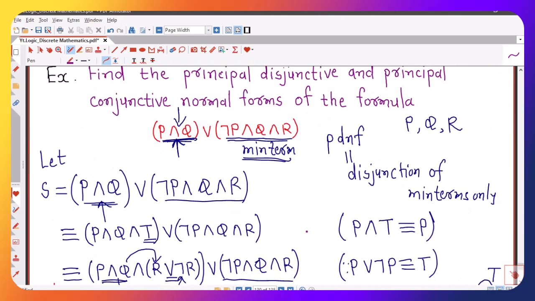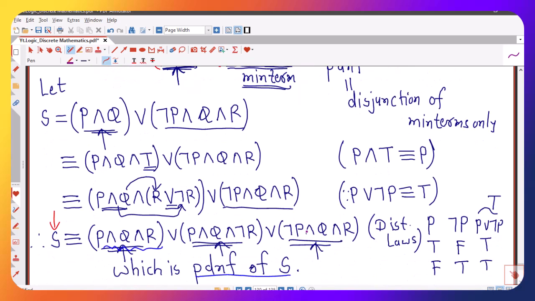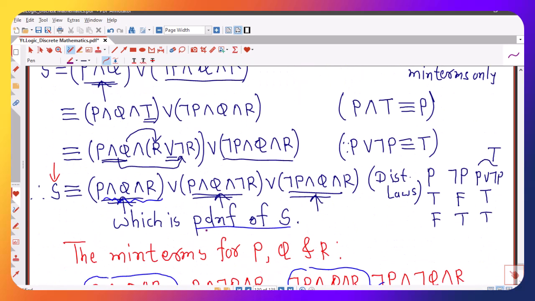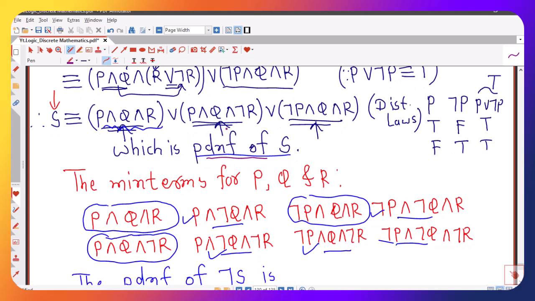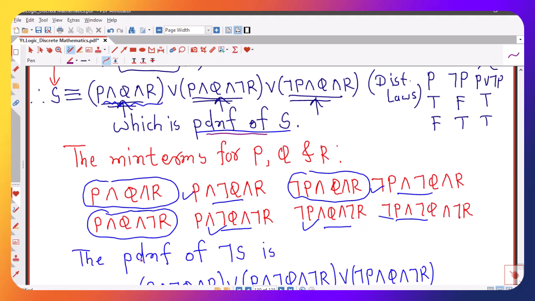You can first obtain the principal disjunctive normal form of a given formula, which is nothing but a disjunction of min terms only. Then you write down the principal disjunctive normal form of negation S by writing the disjunction of the remaining min terms.